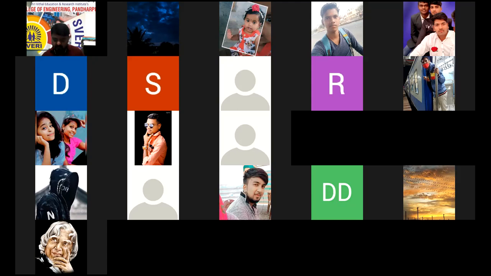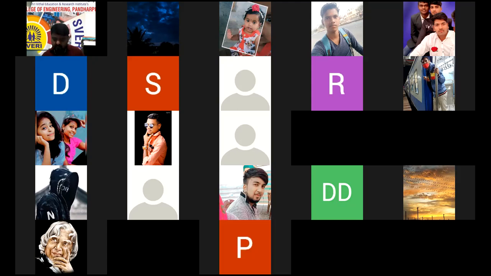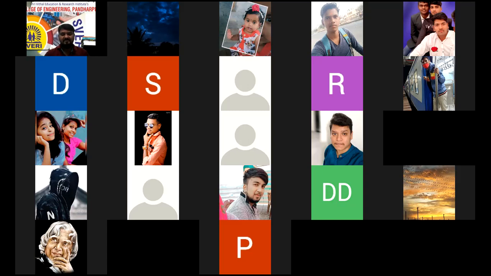Absent numbers: 7, 8, 9, 10, 12, 14, 15, 16, 20, 24, 25, 26, 27, 28, 29, 30, 32, 33, 34, 35, 36, 37, 40, 43. 36 present, sir. 16 present, sir.